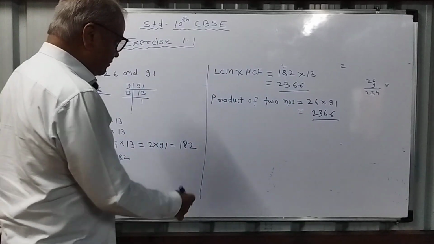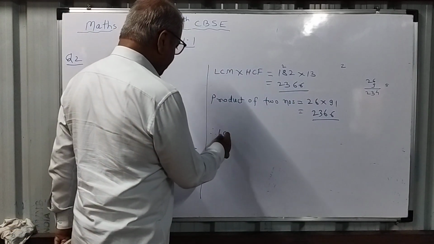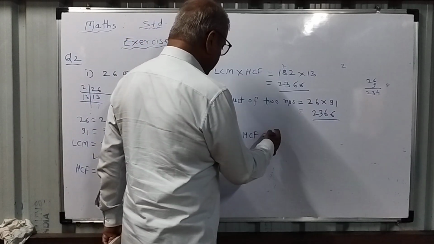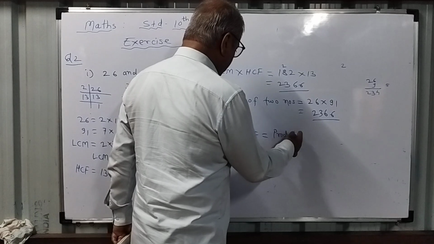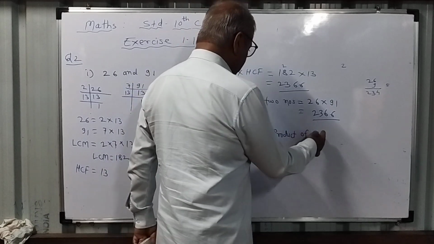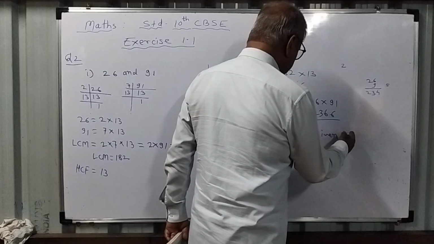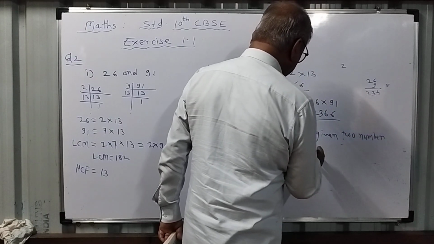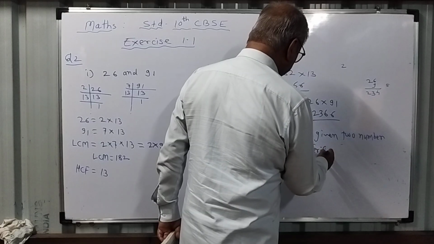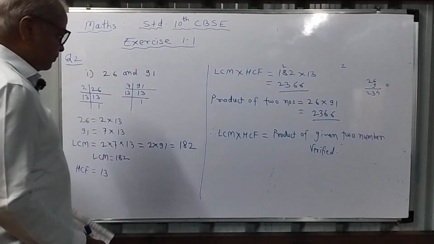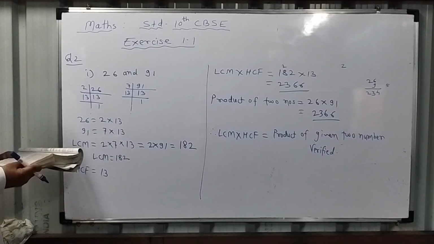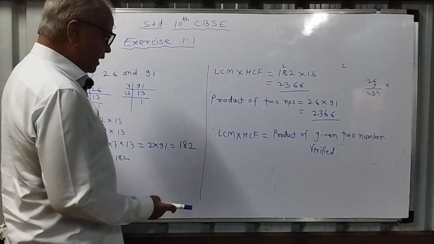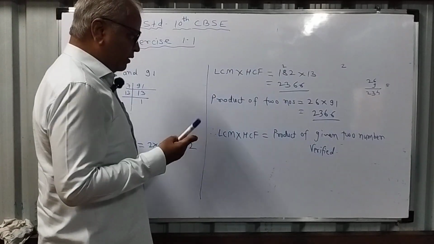So the relation is verified. Therefore LCM into HCF is equal to the product of the given two numbers. Verified. This is how we can find LCM and HCF by the prime factorization method, and the relation LCM into HCF equals the product of the given two numbers can be verified.